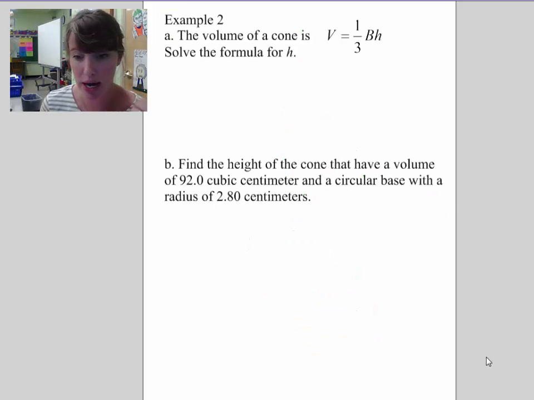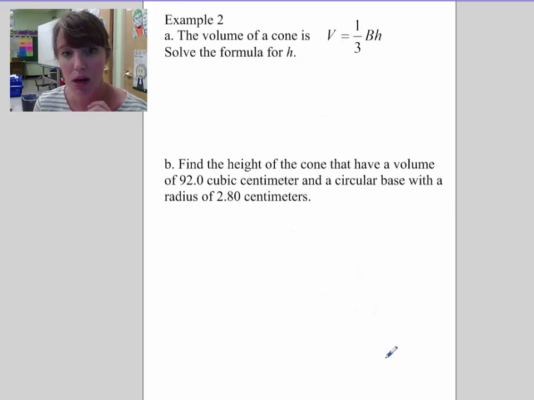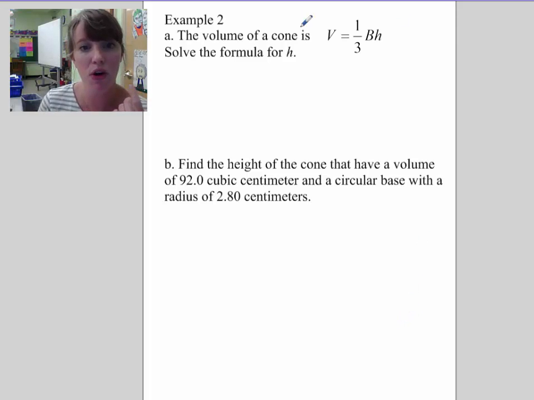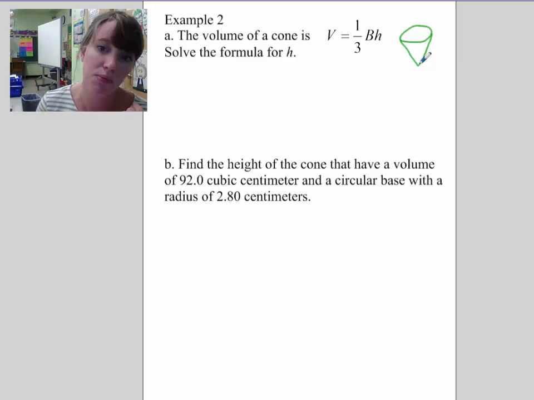Okay, let's try our hand at another formula here. So a cone in this situation would be a circular base with a pointed area at the end. So the volume of any cone is the area of the base times the height of the cone.